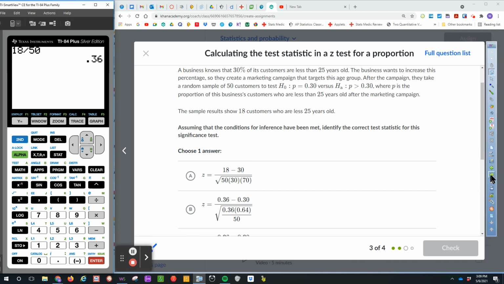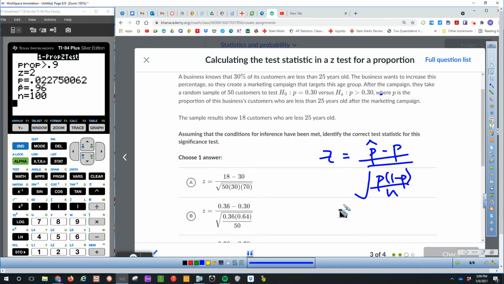So here your sample proportion is 0.36, minus P, which is 0.30, divided by the square root of 0.30 times 1 minus 0.3, which is 0.7, divided by what is the sample size, 50.